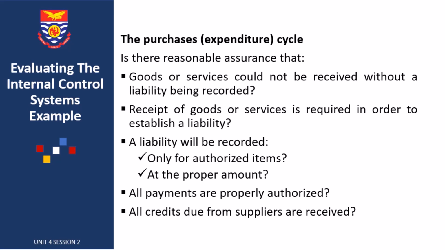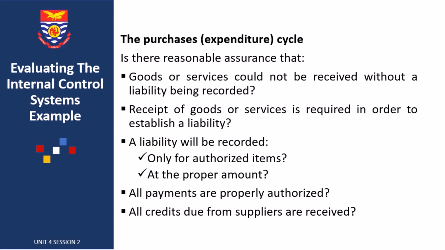Then a liability will also be recorded at the proper amount. You don't just record it at any amount at all. It has to be the proper amount. And then you also have to check if all payments are properly authorized. Who is supposed to authorize the payment, and has that been done before the payments were finally made? We put in control measures there, or test for controls there.